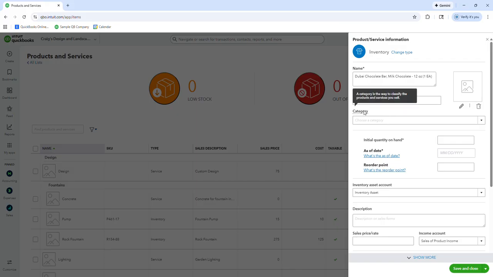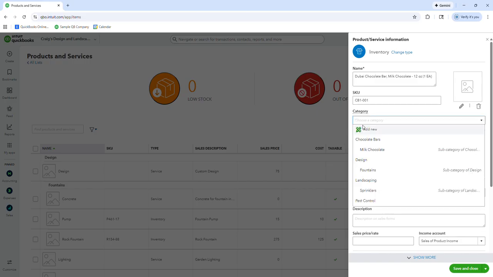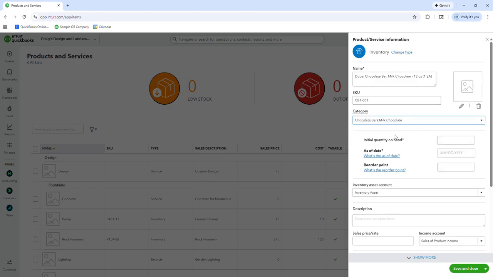So moving on to category. I've set up a few categories. For this one, I want it to go under milk chocolate for chocolate bars. Now the initial quantity on hand, I'm just going to say I have 1,000 single bars available as of today.